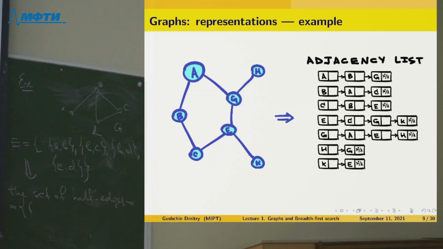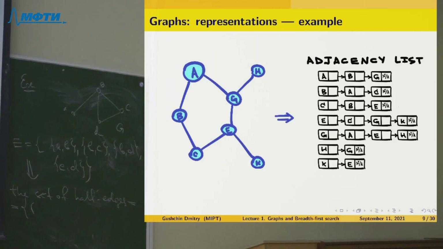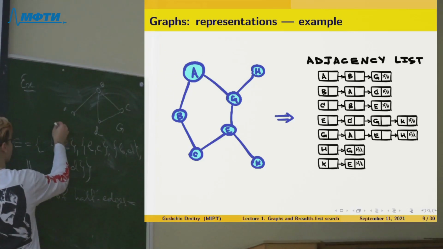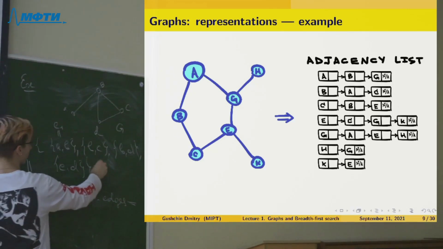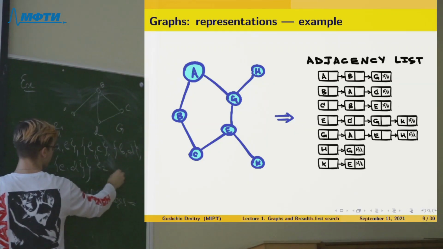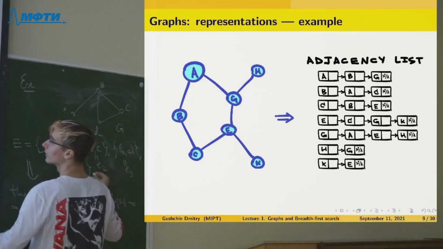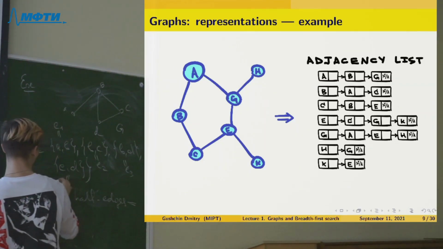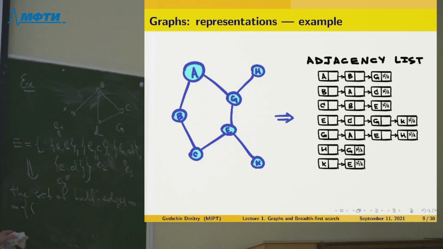Now, yeah, it charges. Okay. Then the set of half edges, we can name it as E1, E2, E3, E4. Okay?